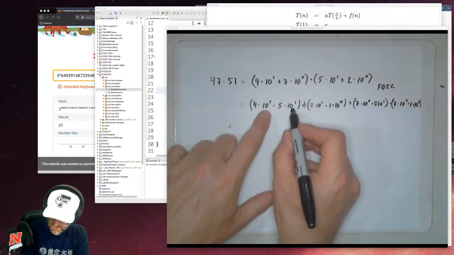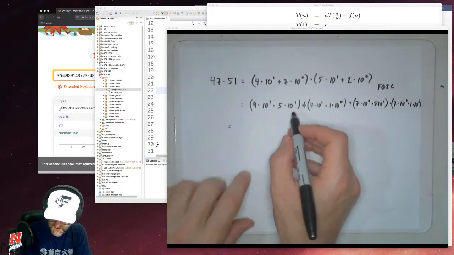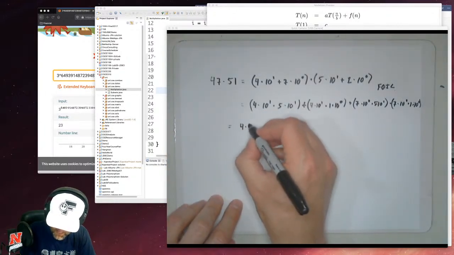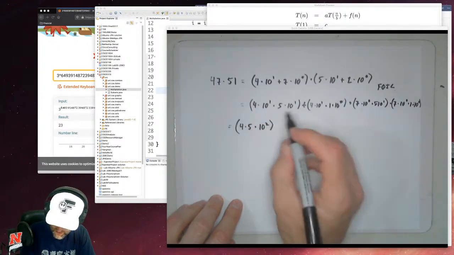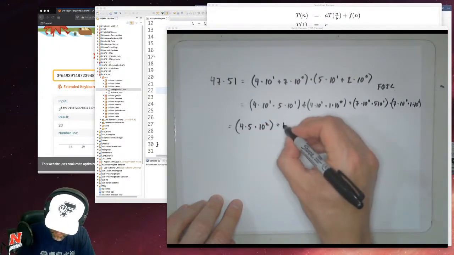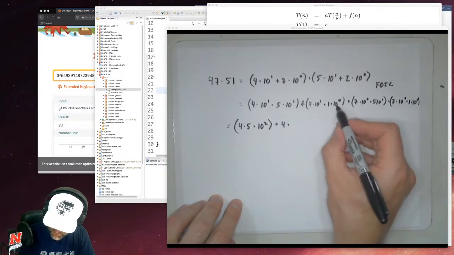Well, look at these two. 10 times 10, that's just another shift. So this is actually 4 times 5 times 10 squared. That's really only one multiplication there. Plus 4 times, and then this one is just 1.